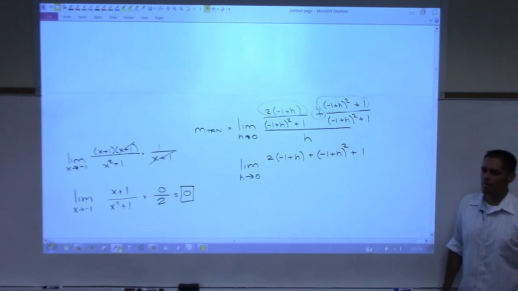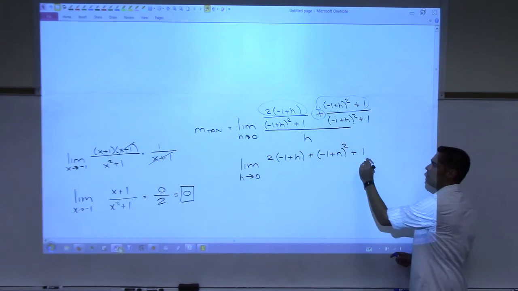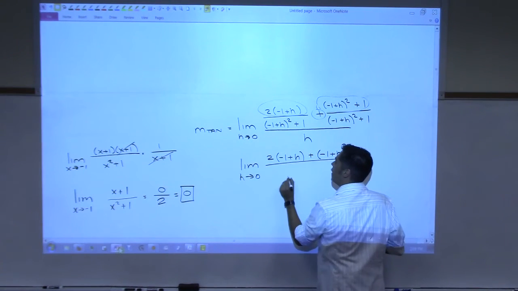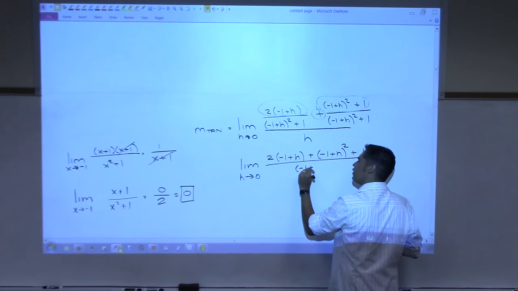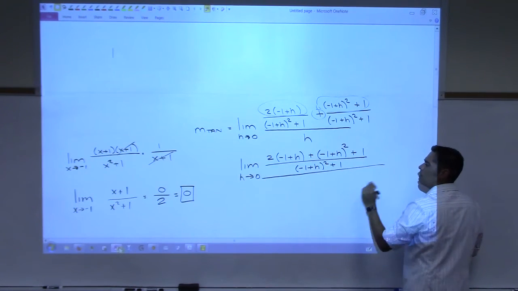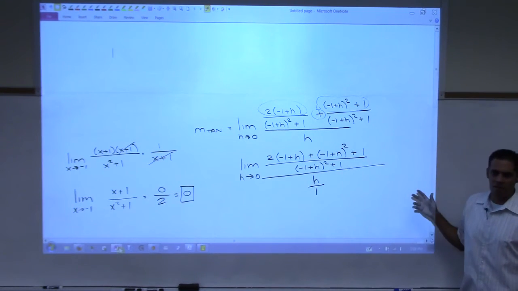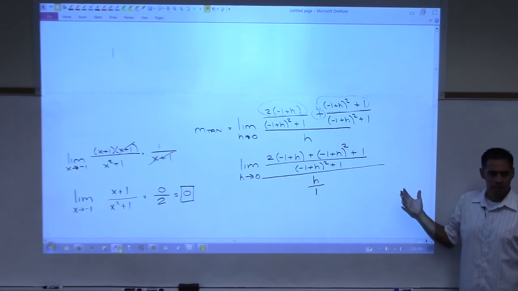Those are your two numerators together, over your common denominator, which is negative 1 plus h squared plus 1. All of this over h, which I can look at as h over 1, so I can flip it up on the next line if need be. That clear?